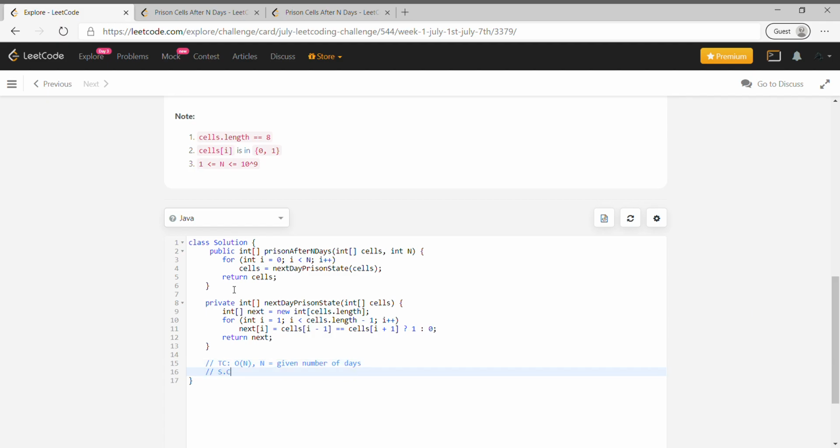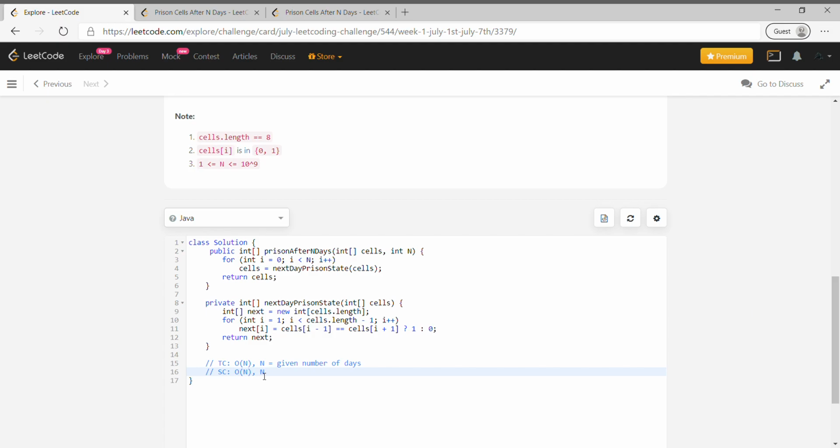And similarly, the space complexity would be big O of n as well, because we are calling this helper function n number of times. So we need to store it in an auxiliary state of size n.